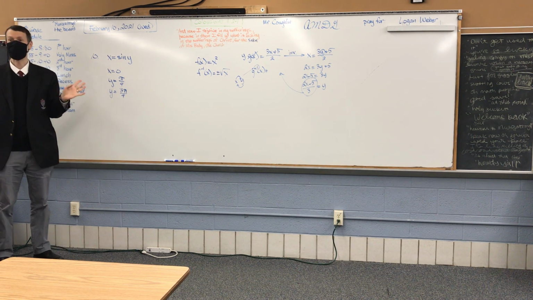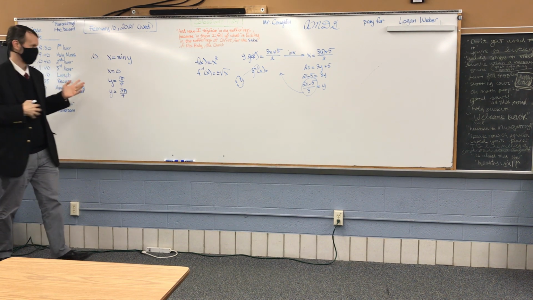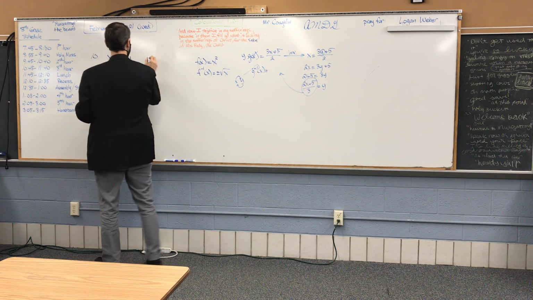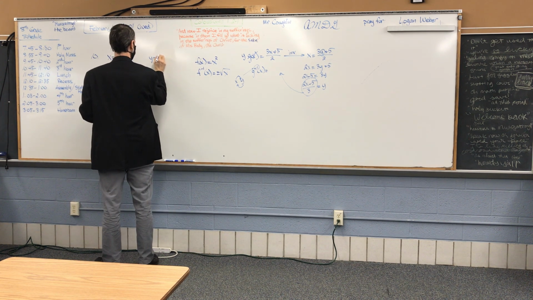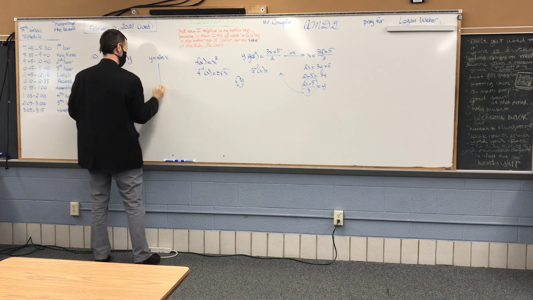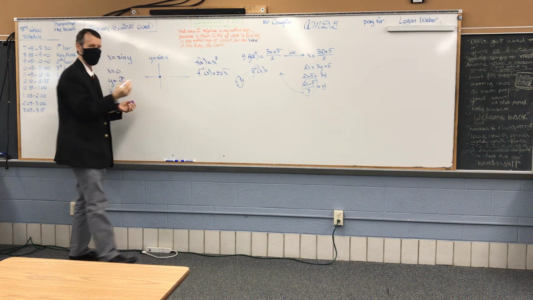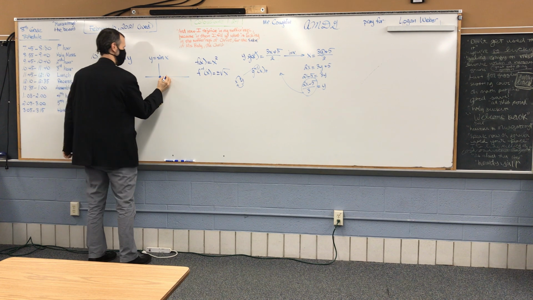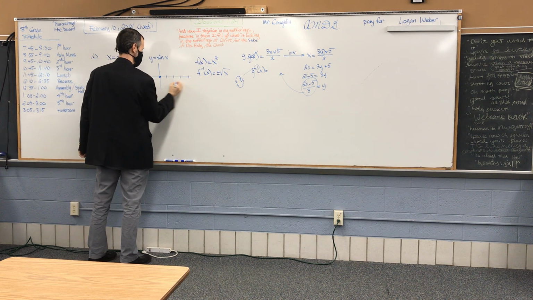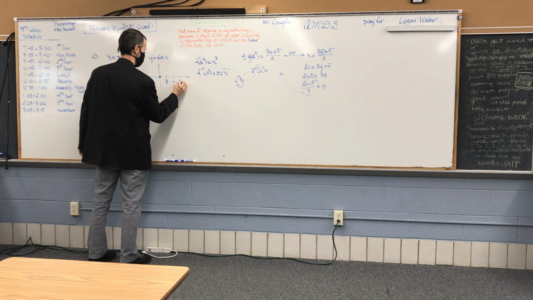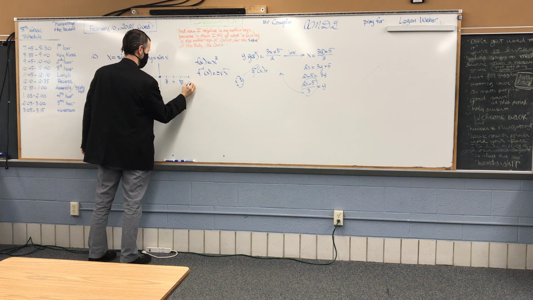y equals sine of x is something we've seen a lot. I mean, not every day, but we know how to graph that. It looks like this. It starts at the baseline, the height of 0. You count by pi over 2's: pi over 2, pi, 3 pi over 2, 2 pi.